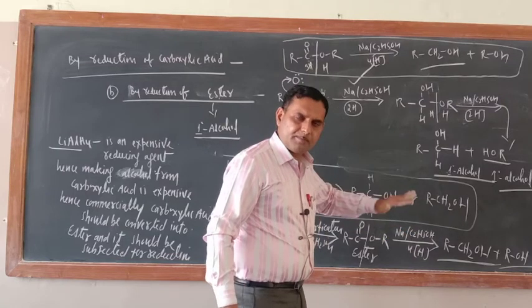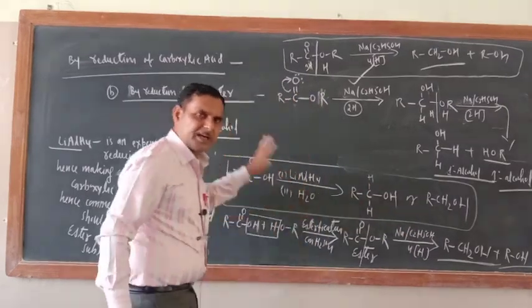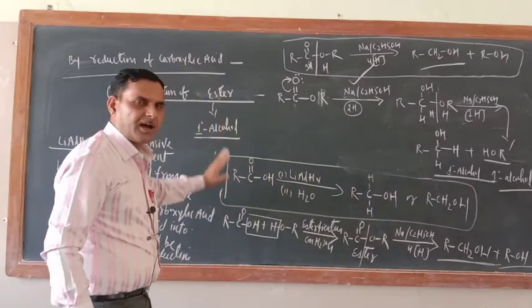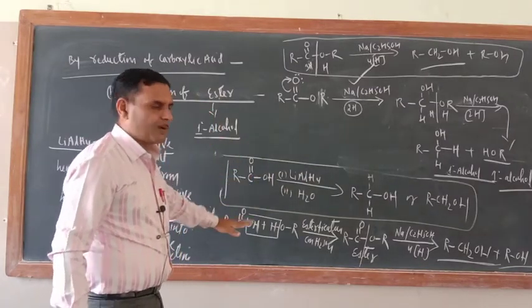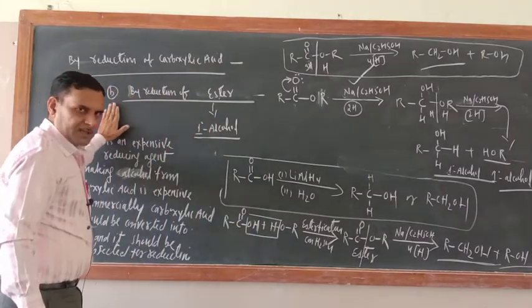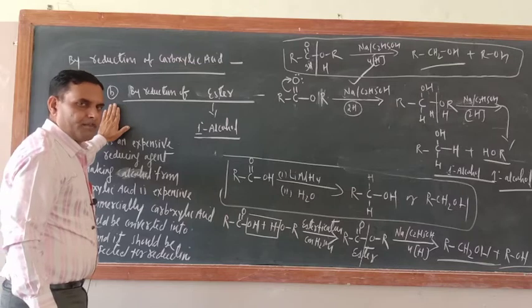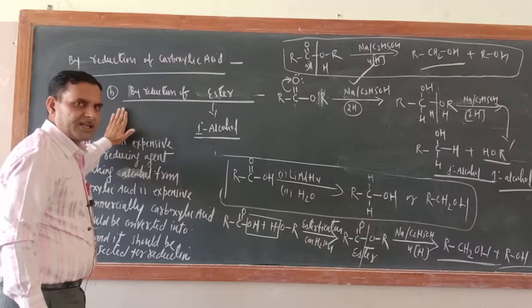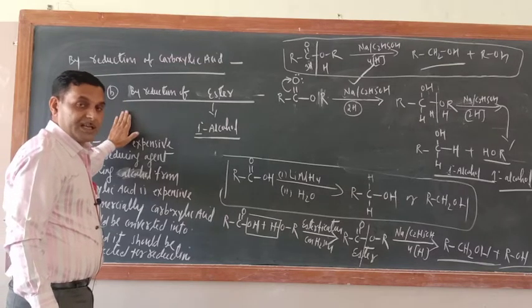So the cost of the method will be reduced. This is given in the NCERT book only. I am not teaching extra. You can read each page, you will find it. In this way, the method of preparation of alcohol by the reduction of carboxylic acid and by the reduction of ester is over.